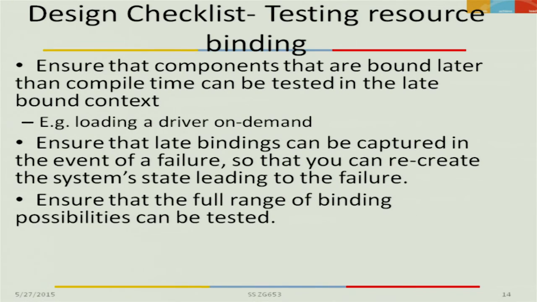Ensure that the full range of binding possibilities can be tested. If there are multiple types of binding, even though all of them are late binding, if there are multiple ranges in terms of when component A is bound, when component B is bound, and so on, and those timings are different, then you must test all these possible ranges.